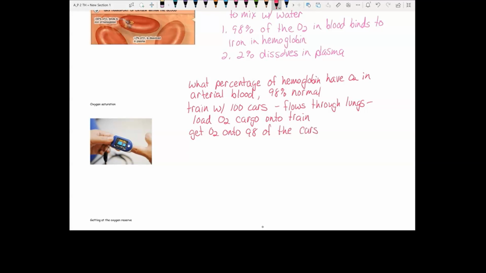And 2 of the cars will slip by you without getting any oxygen onto them. This would be a 98% O2 saturation. 98% of your hemoglobins are carrying oxygen in your arterial blood. This is what is being taken out to your cells.